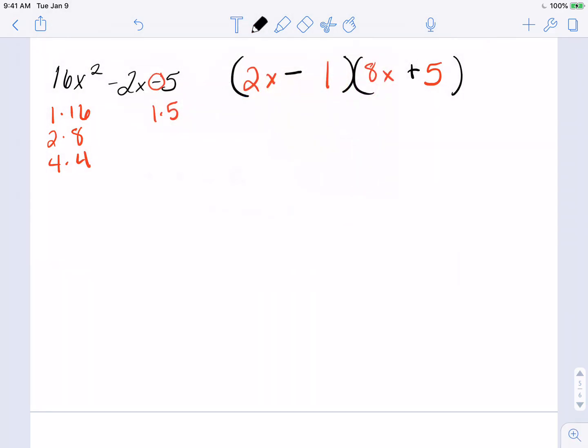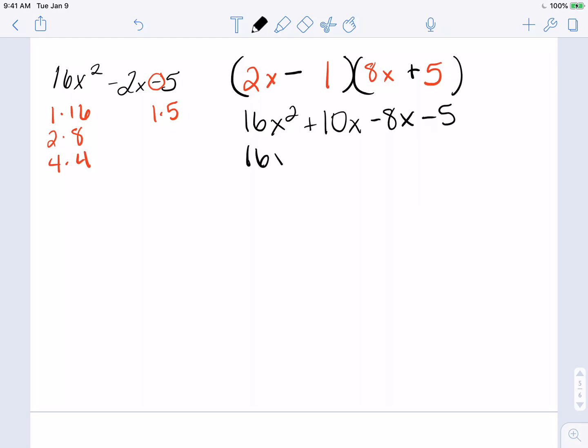So if I distribute, I got 2x times 8x is 16x squared. 2x times 5 is plus 10x. Minus 1 times 8x is minus 8x, and minus 1 times 5 is minus 5.